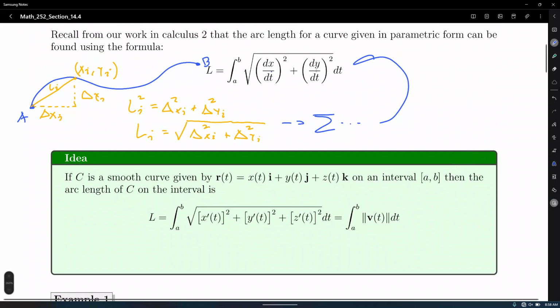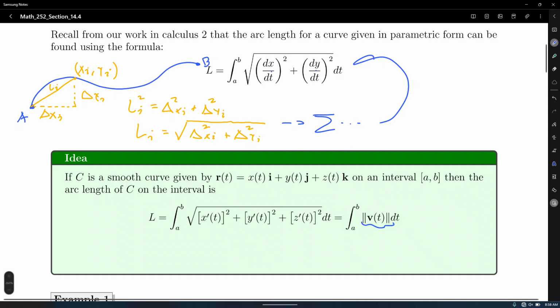It's essentially a different way to denote these quantities. But now we're adding the derivative of the z component squared. Putting all these together, this big madness here, the square root of these sums of squares, isn't that just the magnitude of the velocity? Putting together vectors and all that, that's all it is.